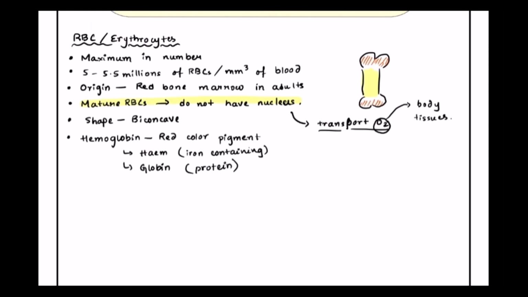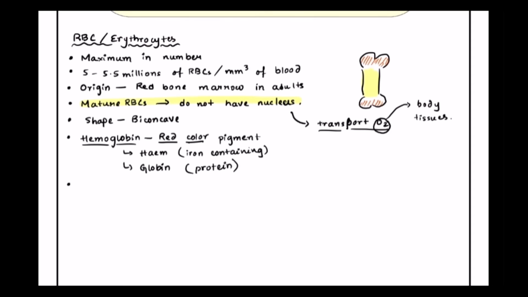Now, this is the reason why the name hemoglobin. And because of the iron containing part, the heme part, it is able to attach oxygen to the molecule of hemoglobin. Right. So that is why we say that the RBC is red in color. This red color is imparted by this pigment.